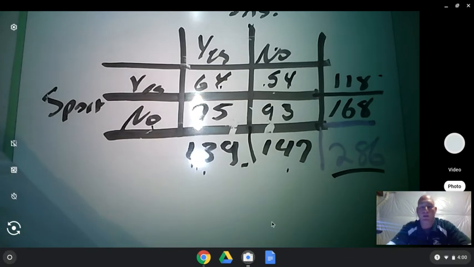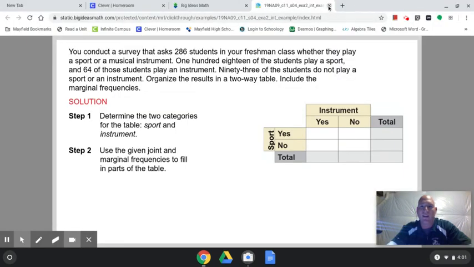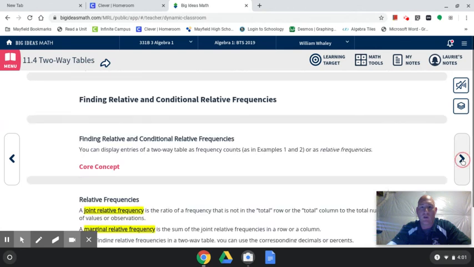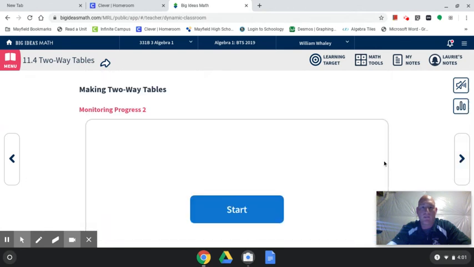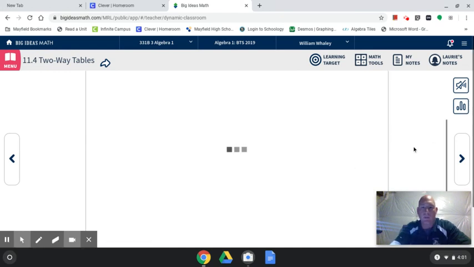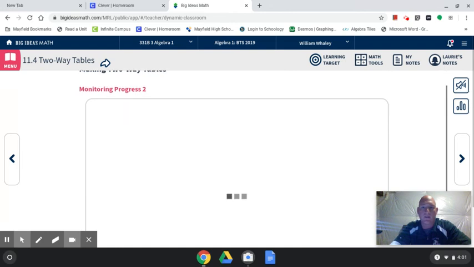But what I do want to do is go back now and look at the page because I think this one is good enough to go over a monitoring progress. So let's do one more of these together. I know this one's kind of dragging on a little bit. I apologize.